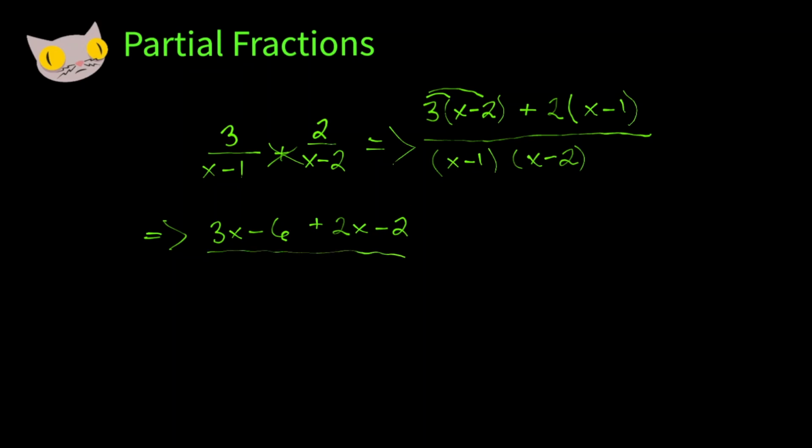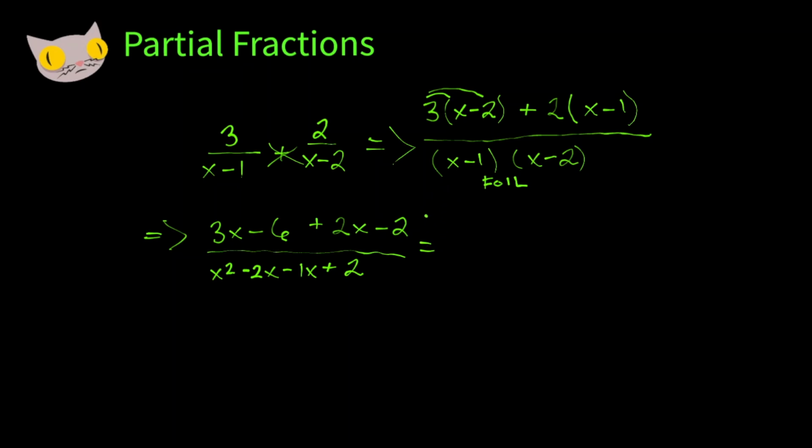And then for the denominator, we can use the FOIL method and multiply this out. So we have x squared minus 2x minus 1x plus 2, right? Okay. Now we can just combine terms up top.